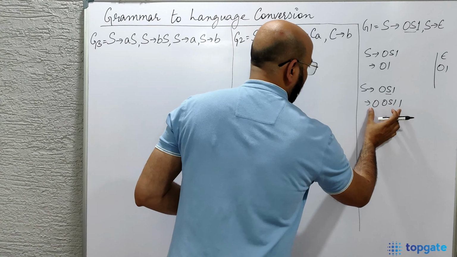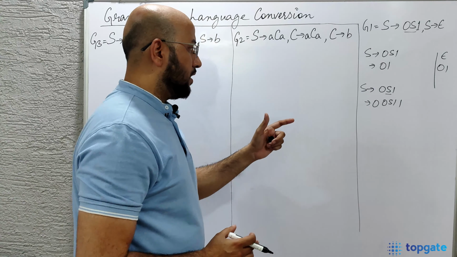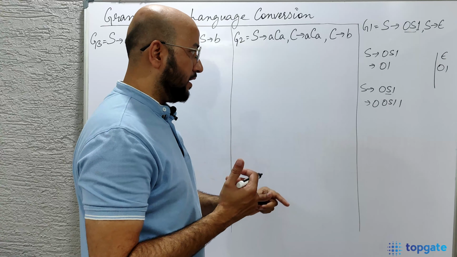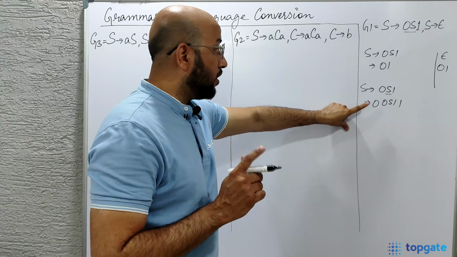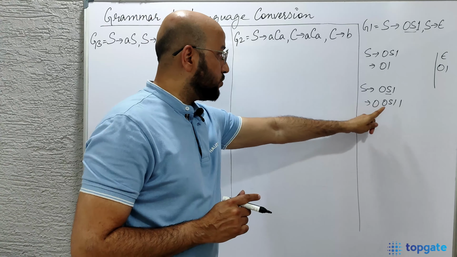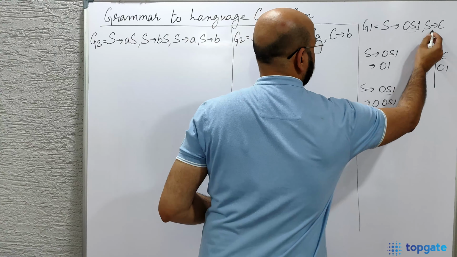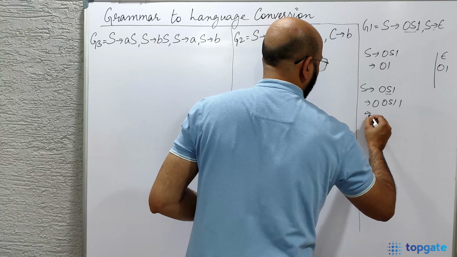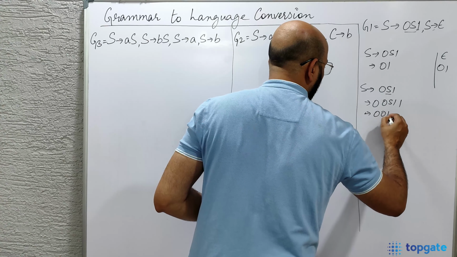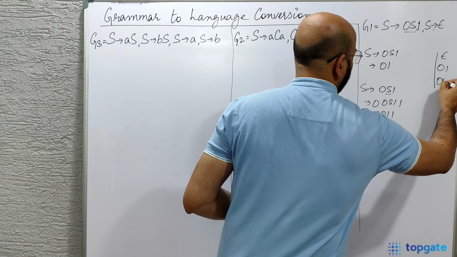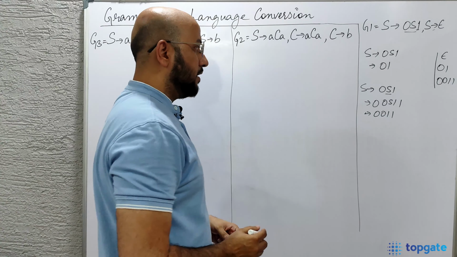If I want to terminate this, I know that with S I have to derive a particular string, and this derivation should not contain any variable. So I should get rid of this S variable. I'll use the rule S tends to null, and I'll get 0011. So the next string I've got is 0011, my third string.